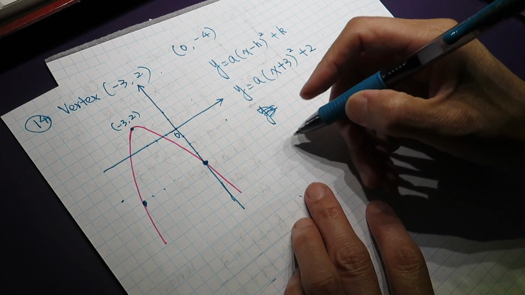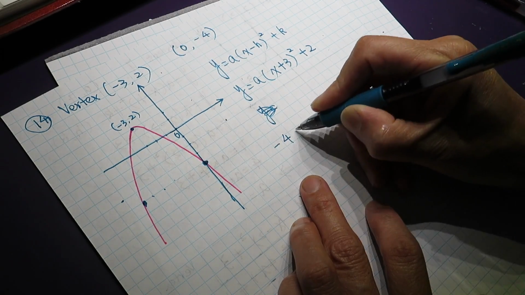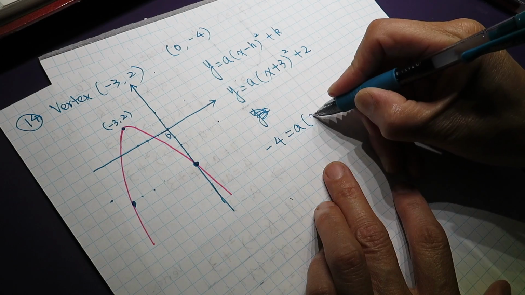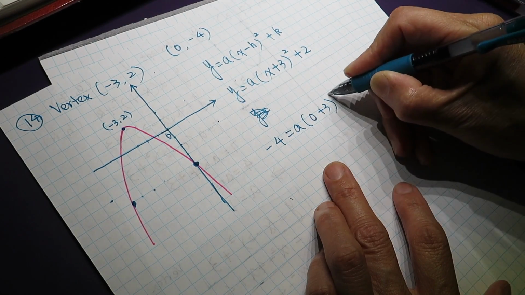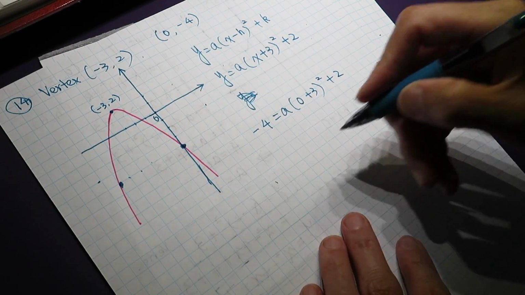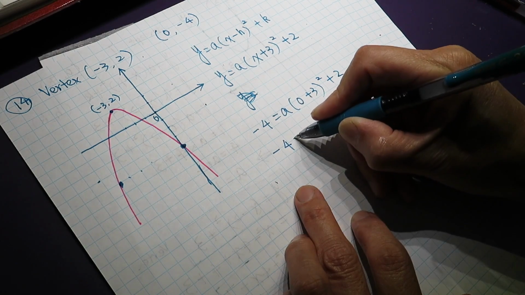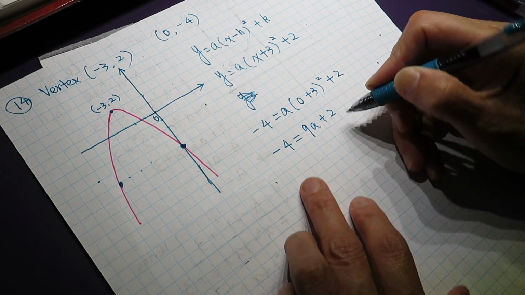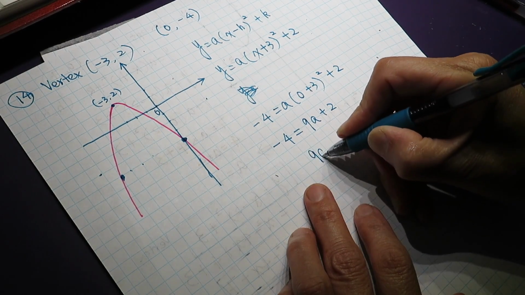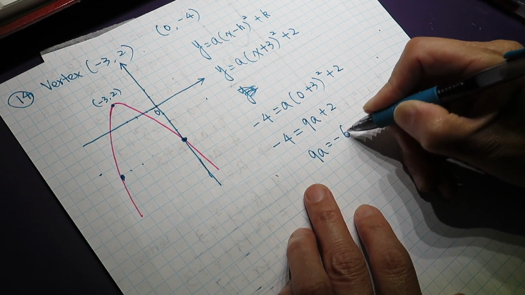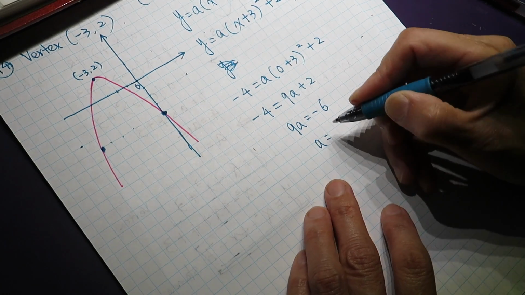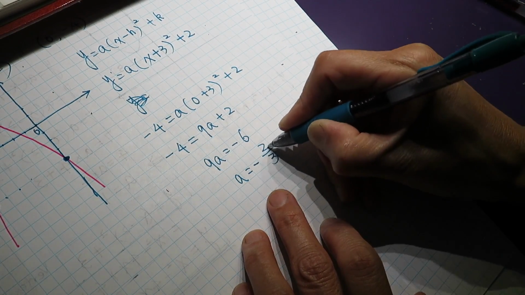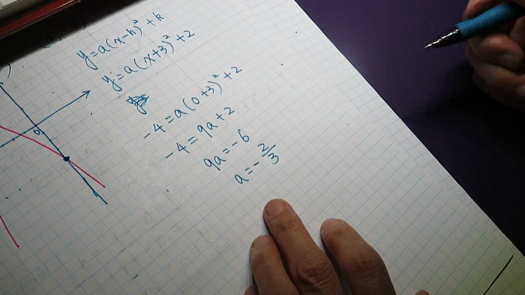So -4 equals a times (0 plus 3) squared plus 2, where x is 0. So -4 equals 9a plus 2. So 9a equals -6, and a equals -2/3.